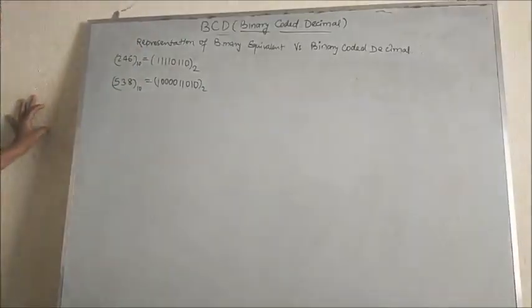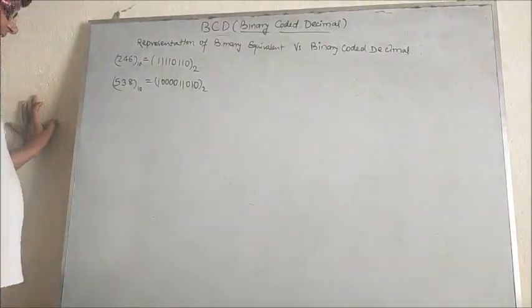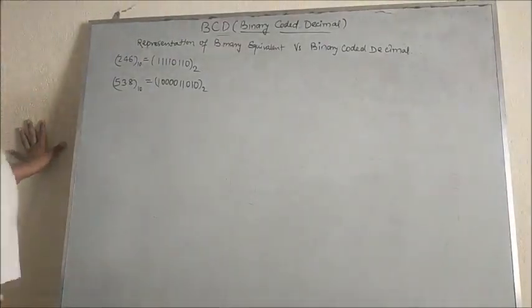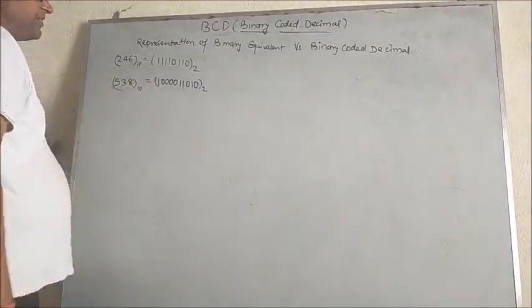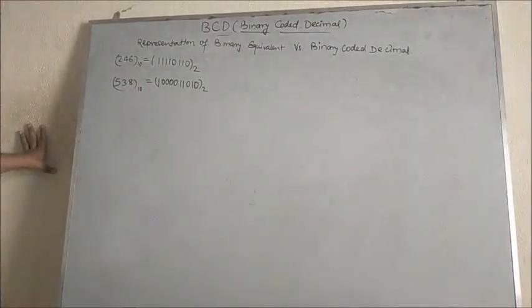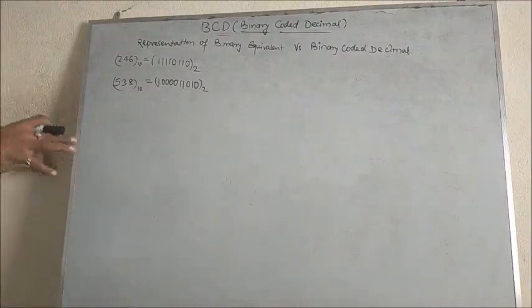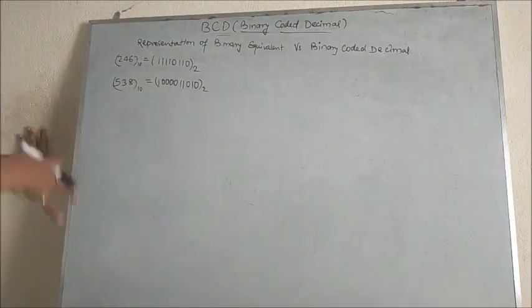And the second example is 538 to the base 10, also in decimal number system, and the binary equivalent of this is 1000011010. Now I am calculating its binary coded decimal, then I will give you the comparative result between the binary equivalent and binary coded decimal.